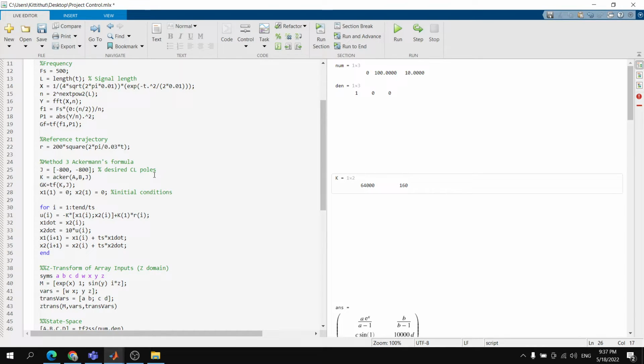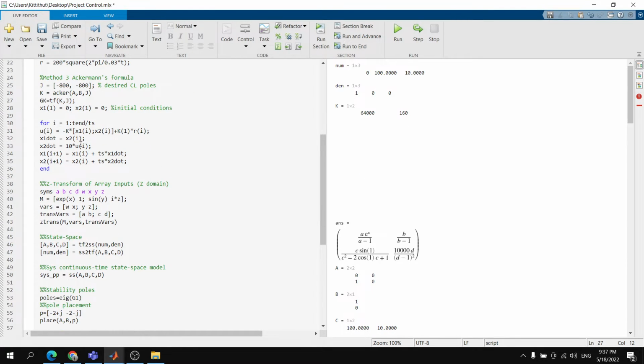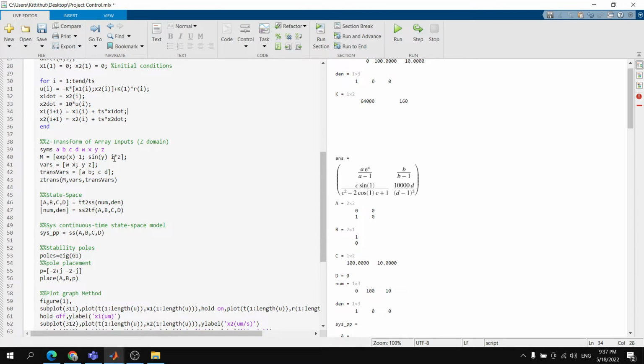Next, I use a method to recommend the formula. I define j equal minus 80 and minus 80, and I use an initial condition of the method formula, and this is the for loop of the formula. Next I use a set transform of array input, and I use this formula in the set domains website.